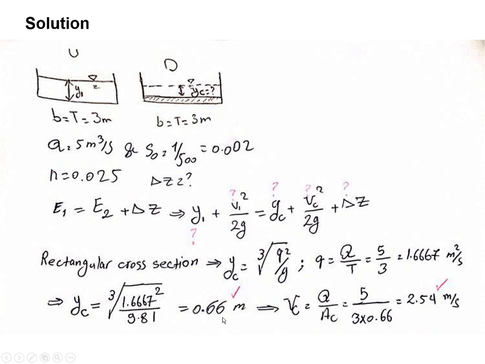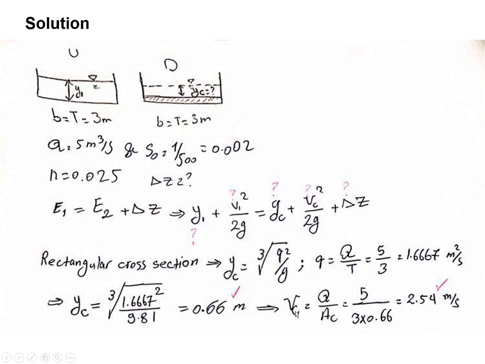And as I told previously, when you have yc and you have discharge, you can clearly calculate velocity at this section. What is the velocity? It is the critical velocity, because this is the velocity of a flow with critical depth.